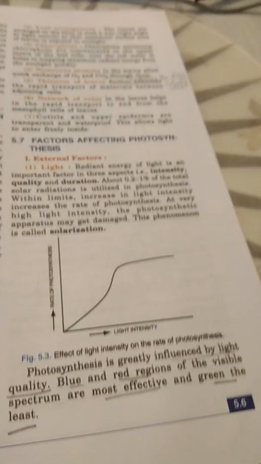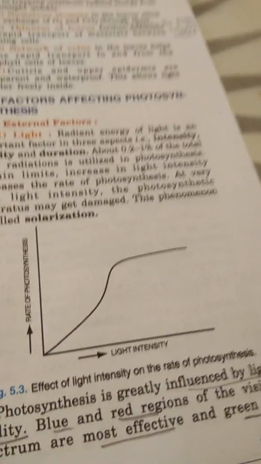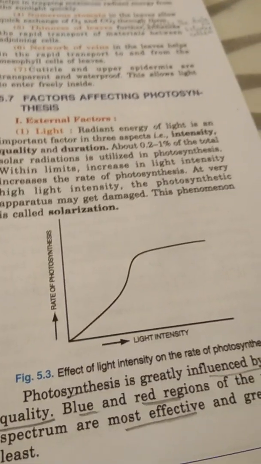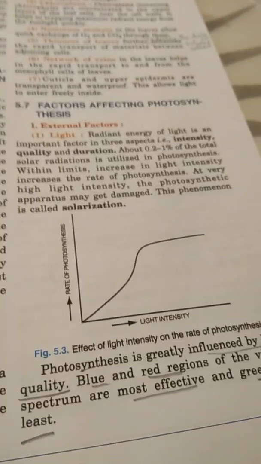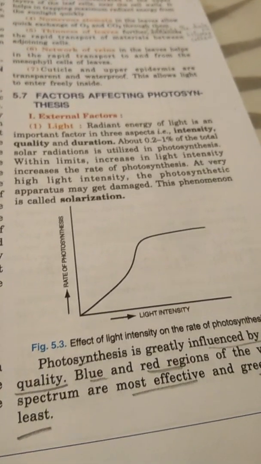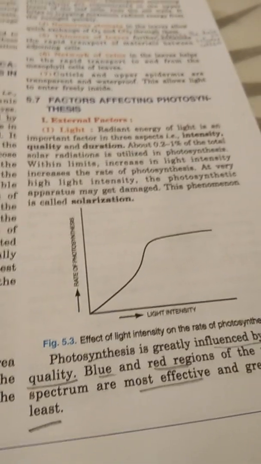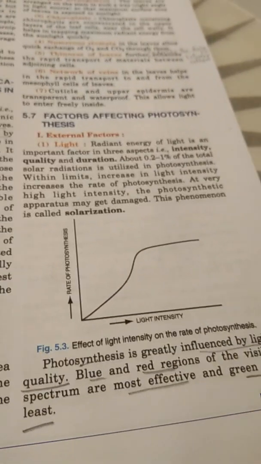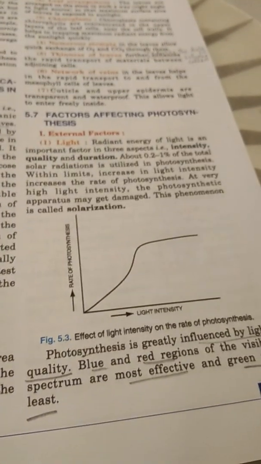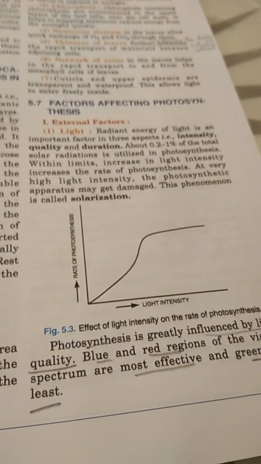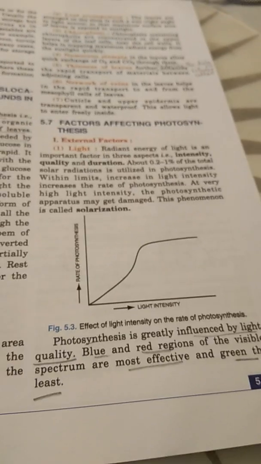At very high intensity, the rate of photosynthesis will slow down or will stop, because the photosynthetic apparatus may be damaged. This phenomenon is called solarization. That is, when the photosynthetic apparatus gets damaged due to high intensity of light and the process of photosynthesis stops.